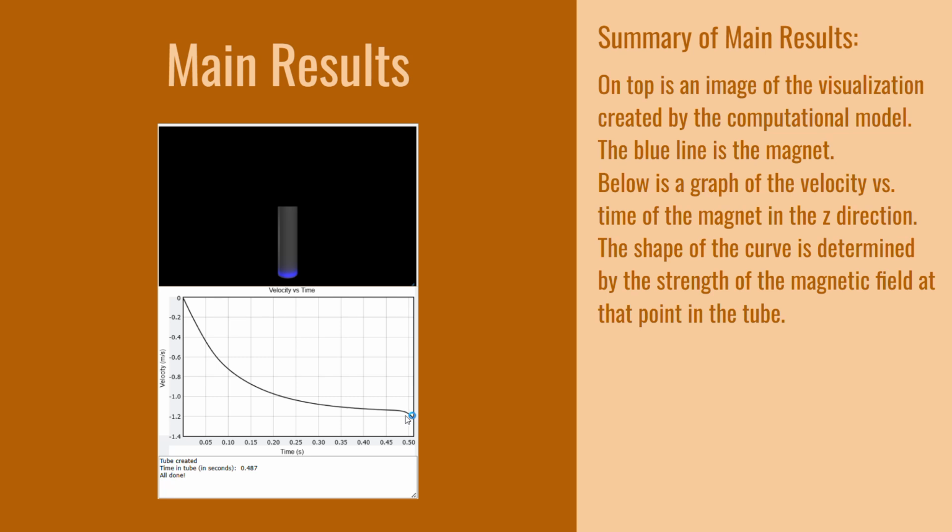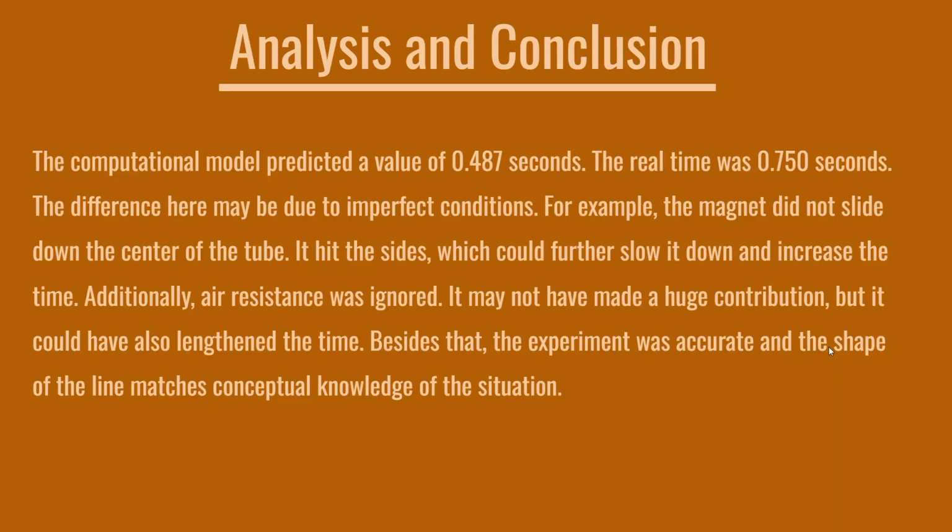Then at the end, it drops off again because the force diminishes at the very bottom. But the velocity slows down the whole time because there's a force acting on it. Right. And the difference in the times we can get into in a second.